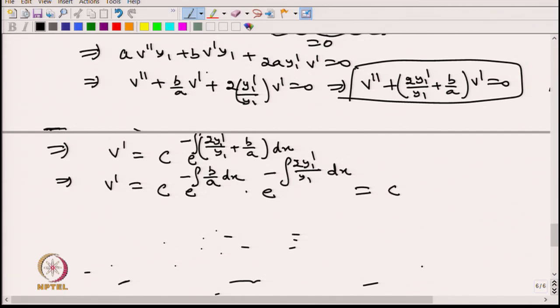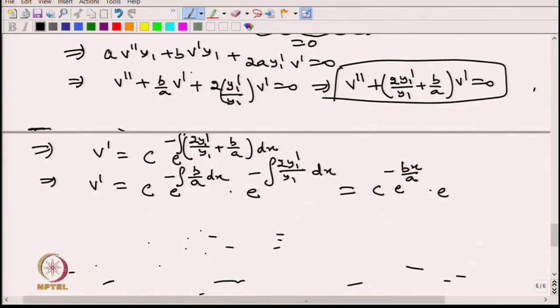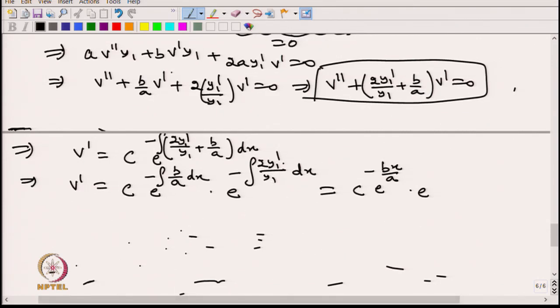So, what will it become? It will become e raised to power minus bx over a, and then e raised to power minus 2 log y1, since this is the function and its derivative.